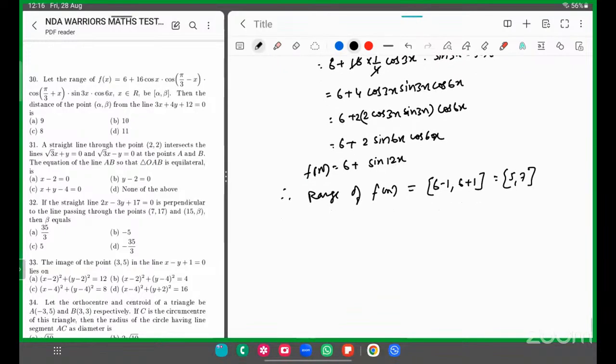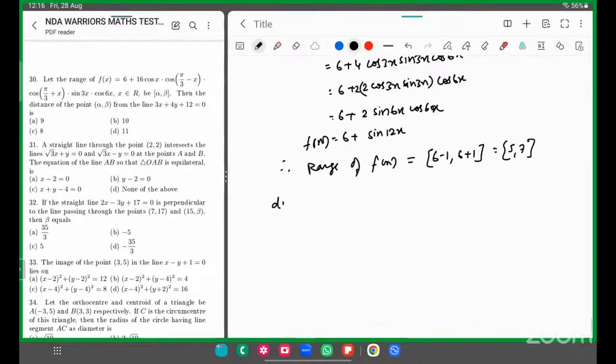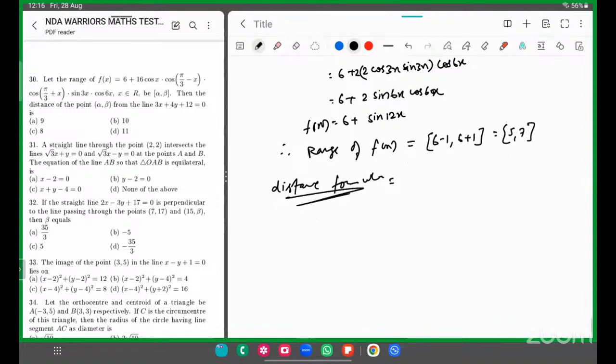Now I need to find out the distance of this point from the given straight line. The perpendicular distance formula: put the point in the equation, that is 5 into 3 plus 7 into 4 plus 12 upon under root 3 square plus 4 square, whole mod.